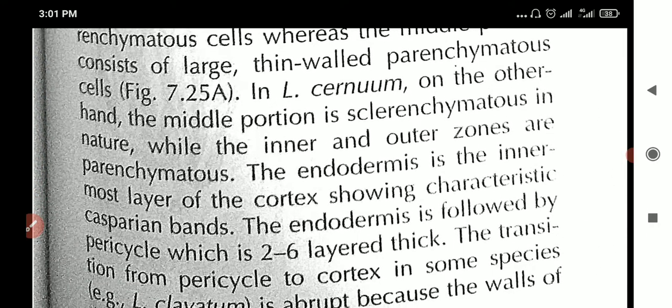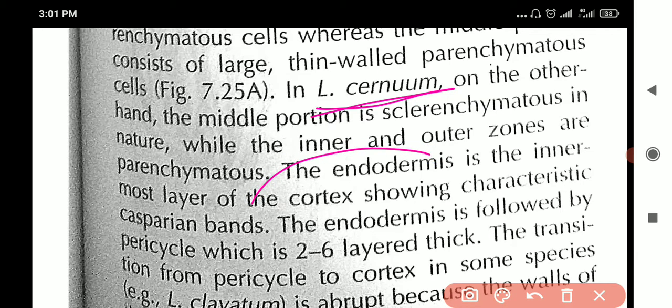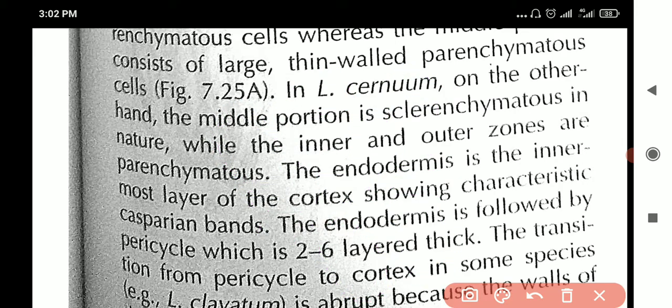But in cernuum, the middle portion is sclerenchymatous, while the inner and outer are parenchymatous. So if we are talking about cernuum, it will be opposite. This middle one will be sclerified, will have thick cells, and the outer and inner will be normal parenchymatous cells.